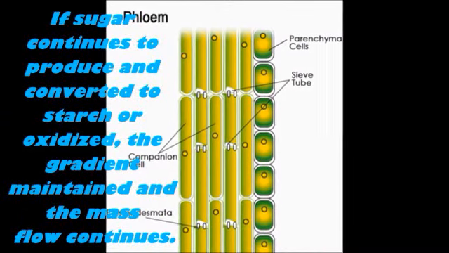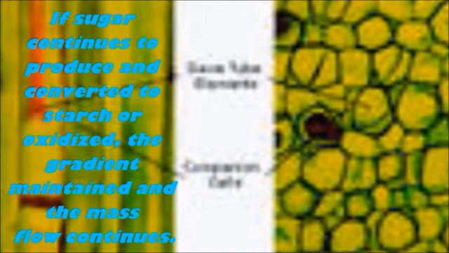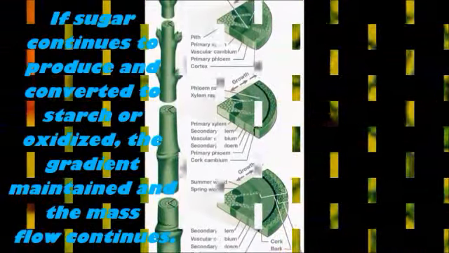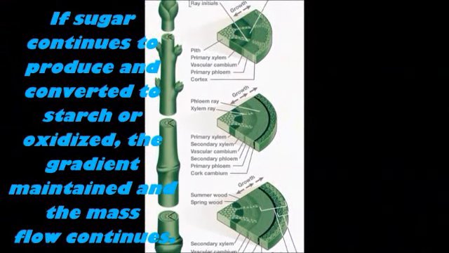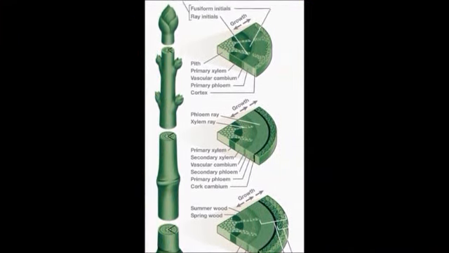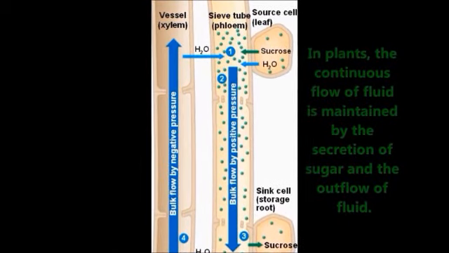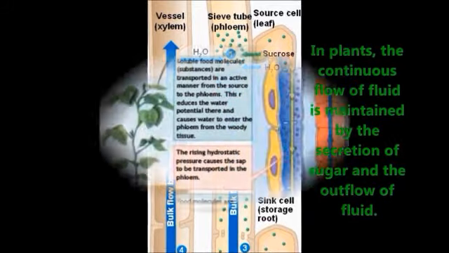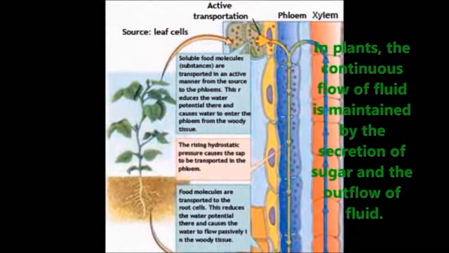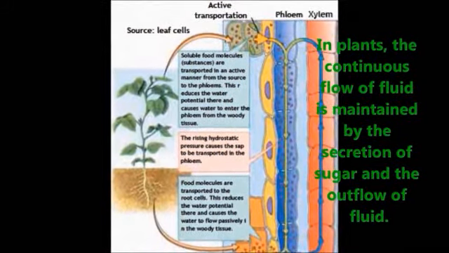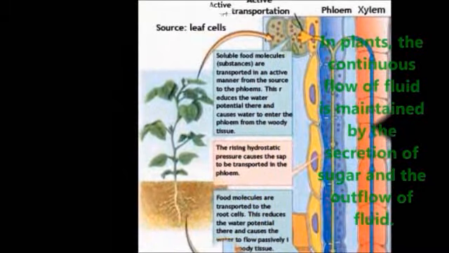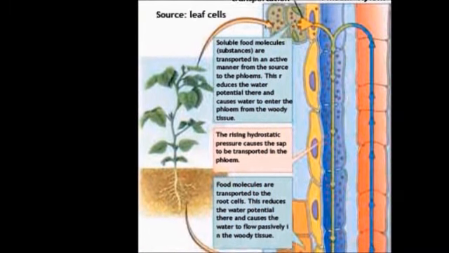If sugar continues to be produced and converted to starch or oxidized, the gradient is maintained and the mass flow will continue. In plants, the continuous flow of fluid is maintained by the secretion of sugar and the outflow of the fluid.